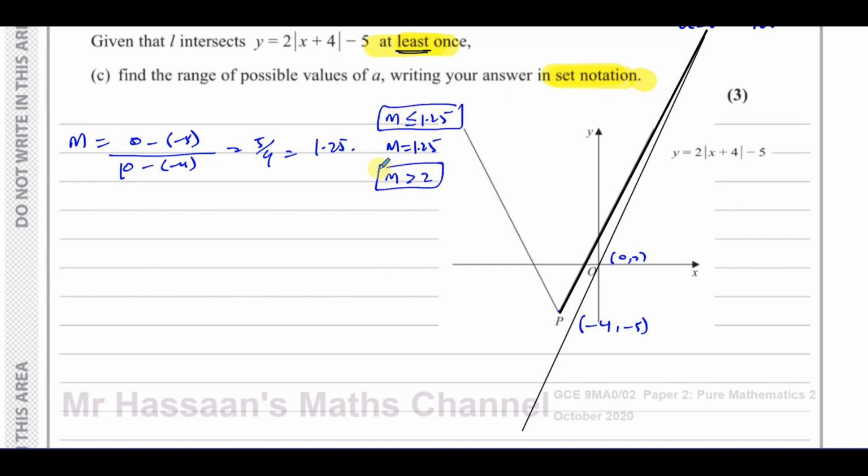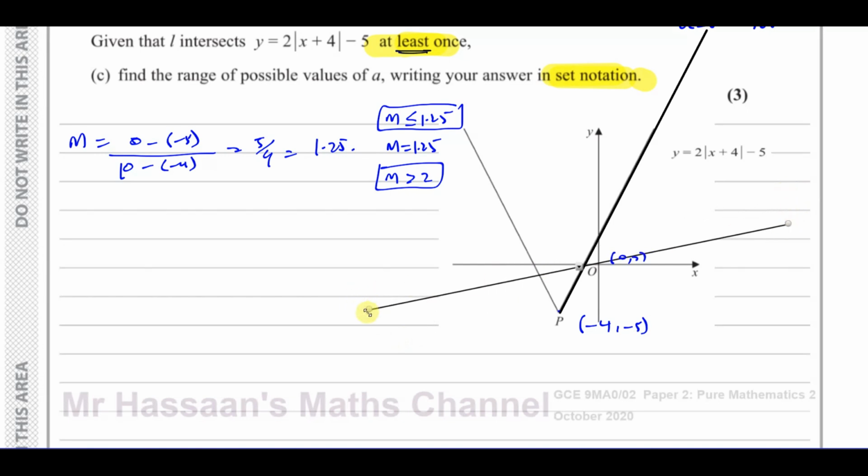When the gradient is equal to 1.25, that's the point here. If the gradient becomes more than that, steeper than that, then it won't intersect at all. But if the gradient is less than 1.25, it's going to intersect. It's going to keep intersecting twice. At least once means twice is fine.